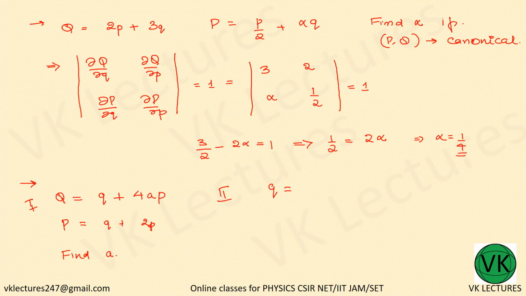So Q is root of 2 alpha p sine q, and small p is equal to root of 2 alpha p cos q. Now here we need to find out the transformation or the Poisson bracket, Q comma P equal to 1.